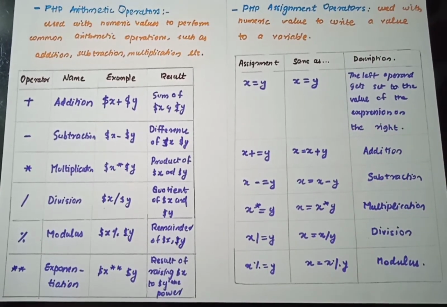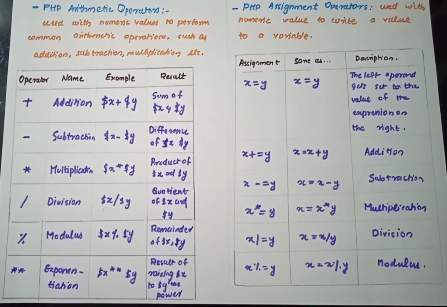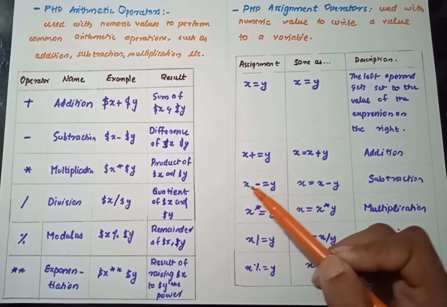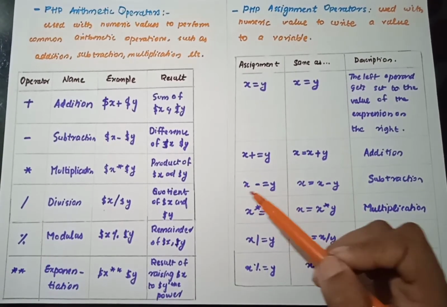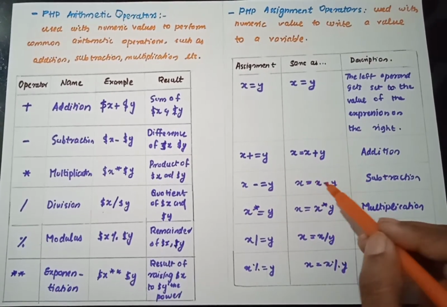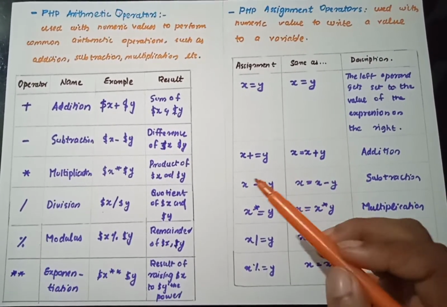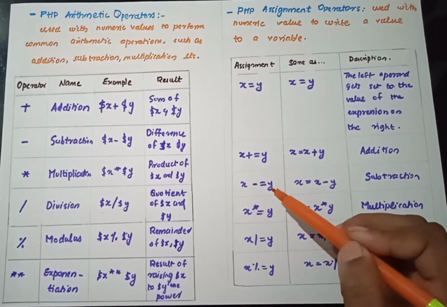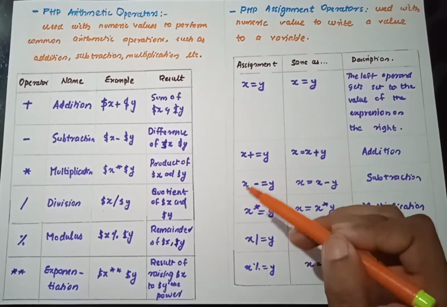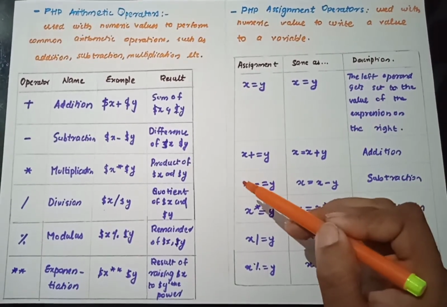The next one is the assignment operation using subtraction. You can write it like this: x minus equal to y, which is the same as x equal to x minus y. That means here you will find the difference between x and y first, then assign that value to the left operand, the first operand.